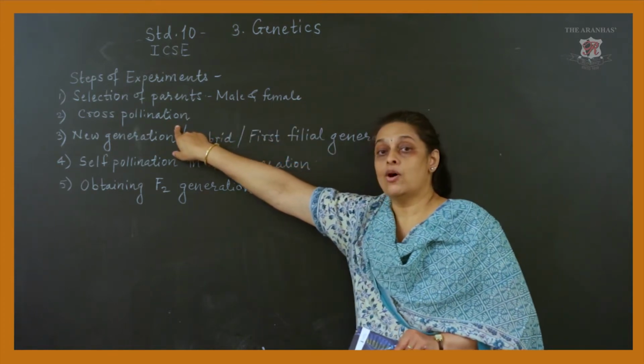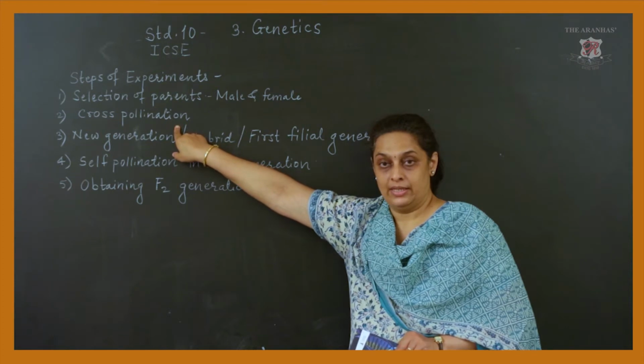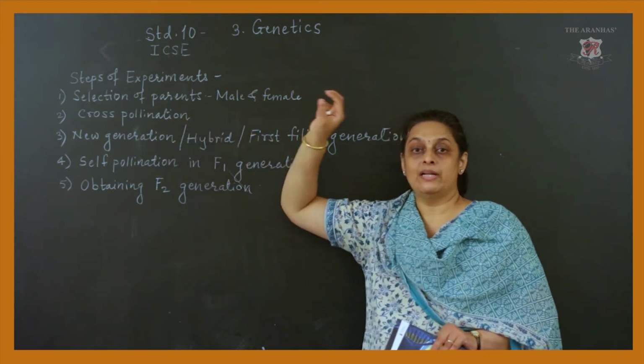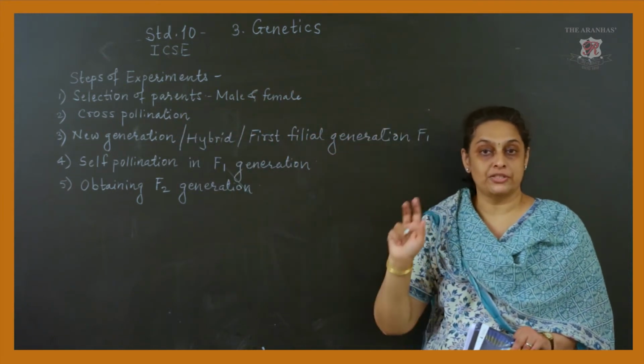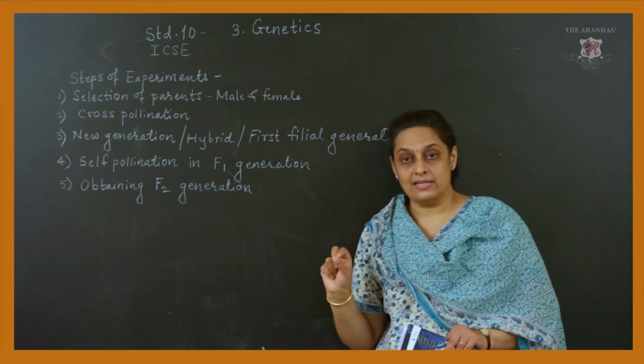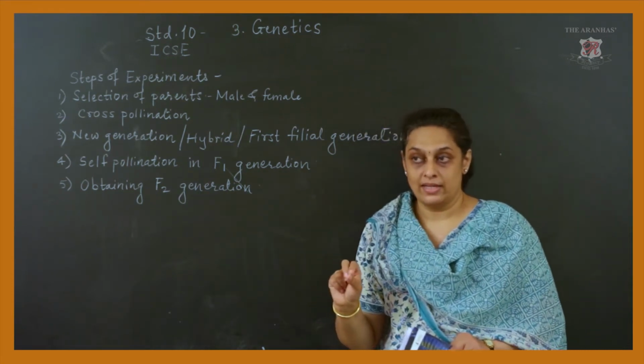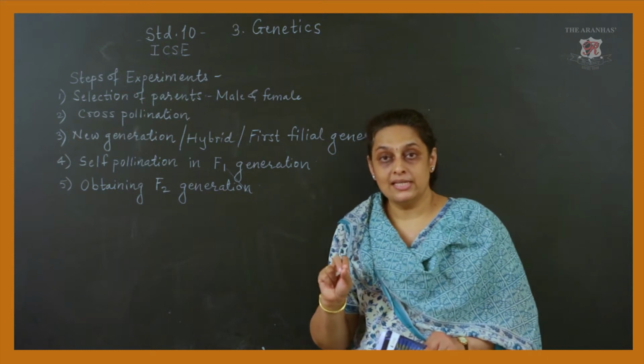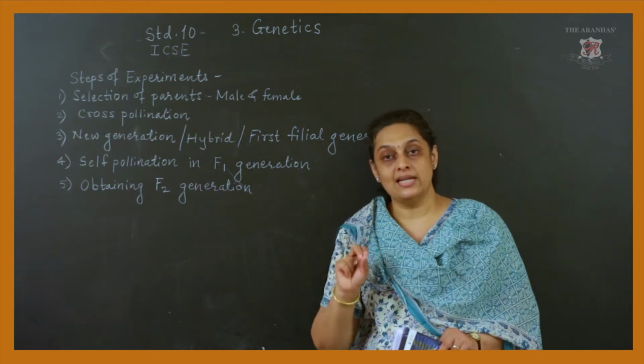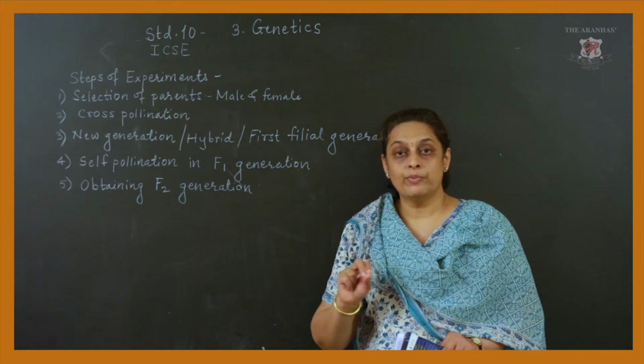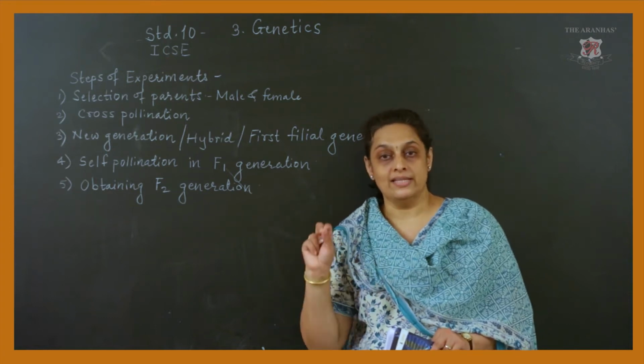Then cross pollination. I am sure you are familiar with the concept of pollination, because in flowering plants, pollination is a prerequisite, a necessary step to produce fruits and seeds.